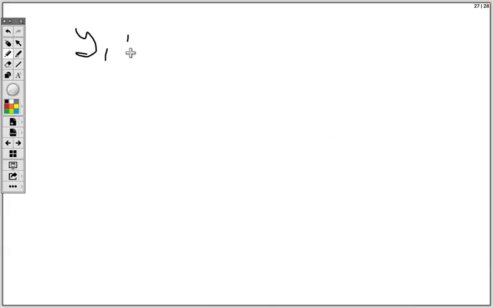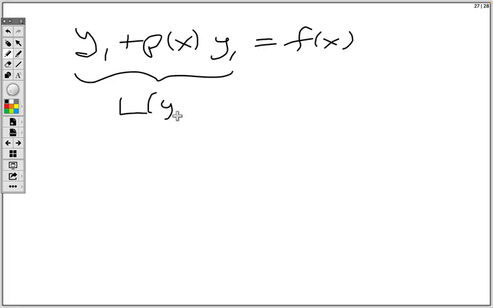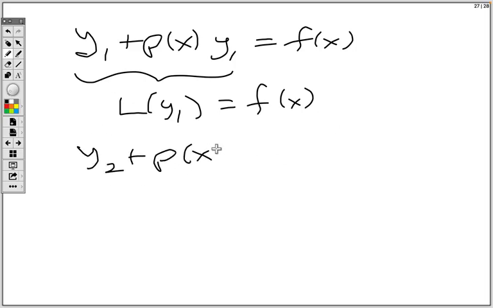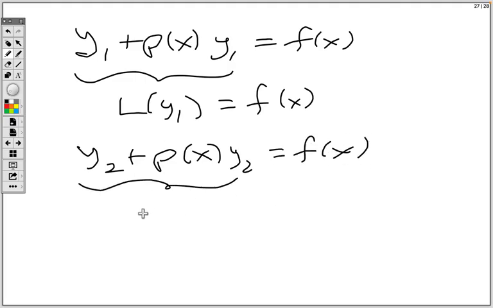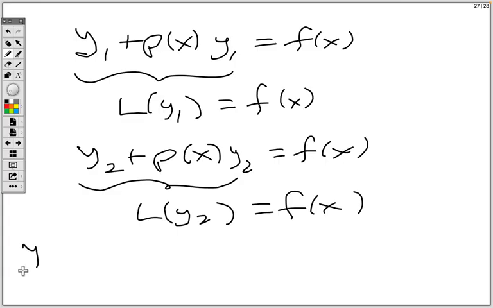So if you've got y1 prime plus p of x y1 equals f of x, that's the same as saying L of y1 equals f of x. If y2 is a solution, this is the same as saying L of y2 equals f of x. So if I let yc be y1 minus y2, here's where linearity comes in.